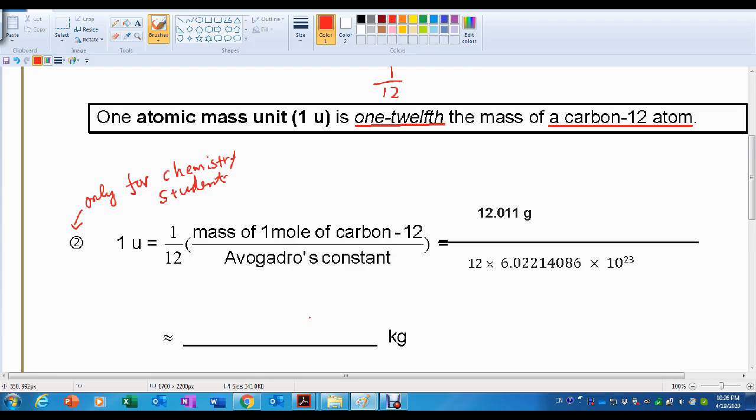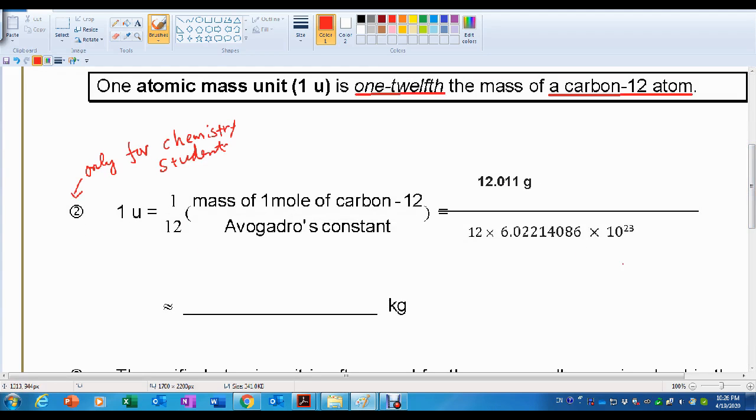So the mass of 1 mole of carbon atoms is actually 12.011 gram, divided by 12 because of the 1/12, times the Avogadro constant, and you will get the number as 1.66054 times 10 to the power minus 27 kilogram.